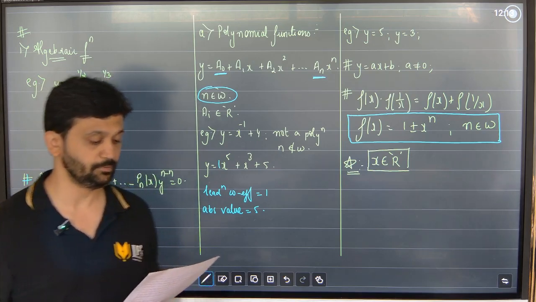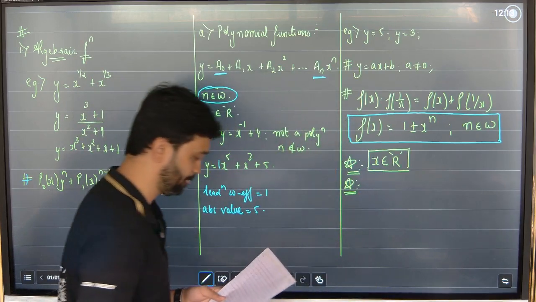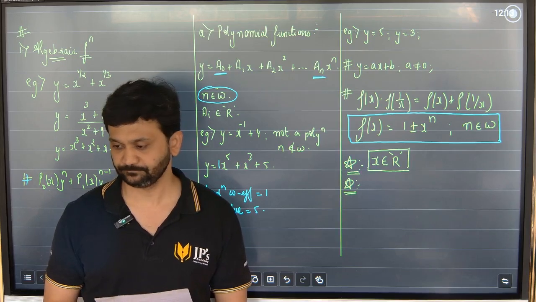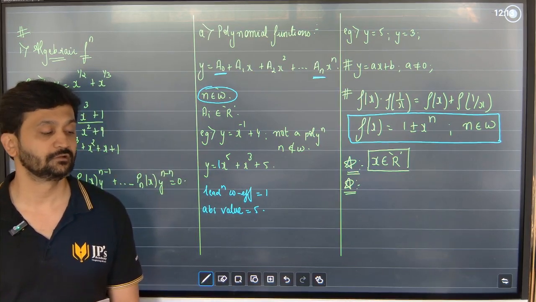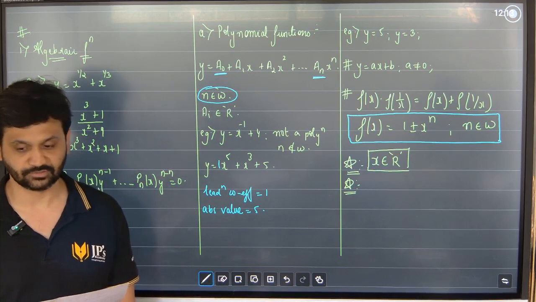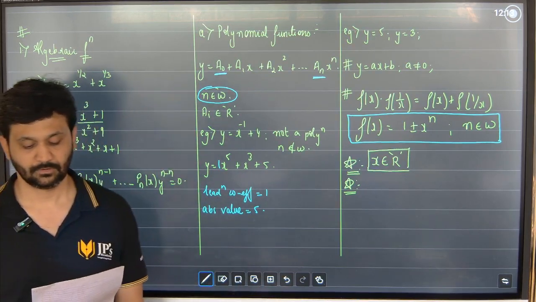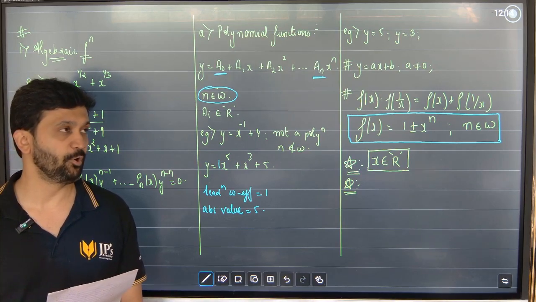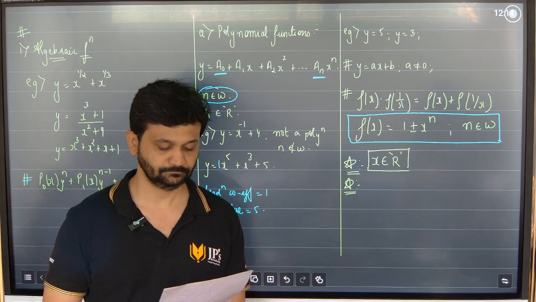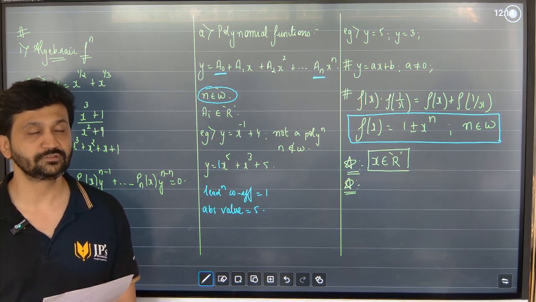Next point, very important point. Range of odd degree polynomial function is all real numbers.